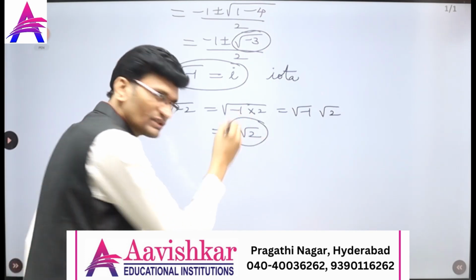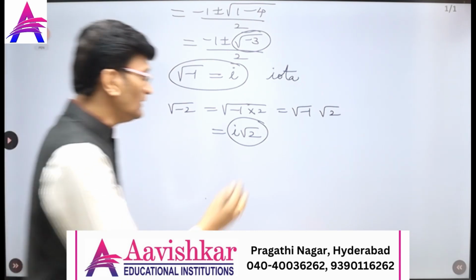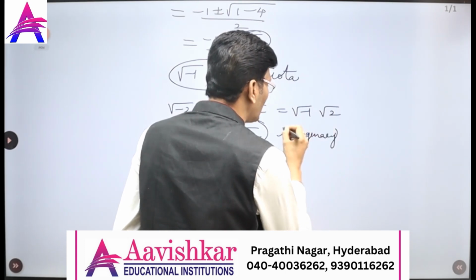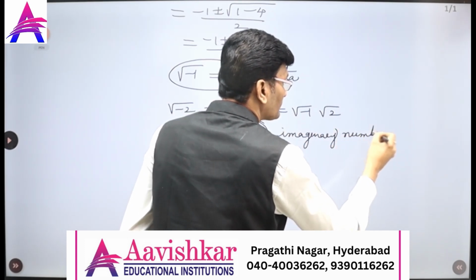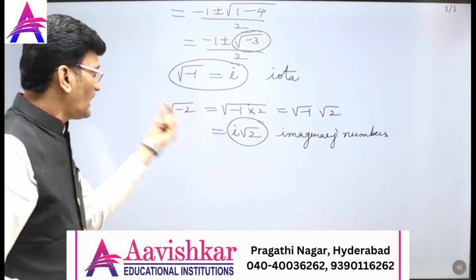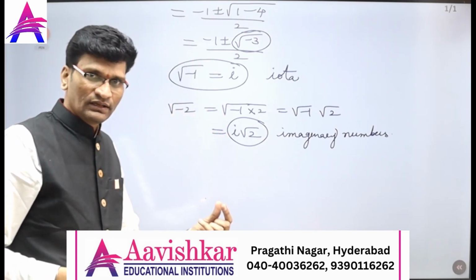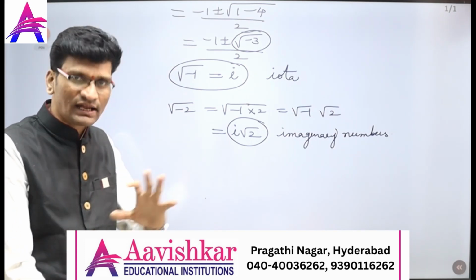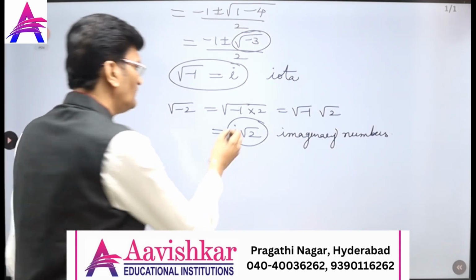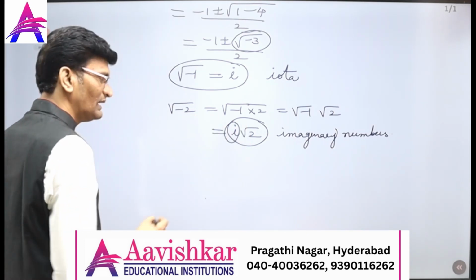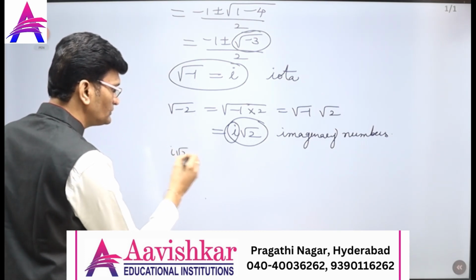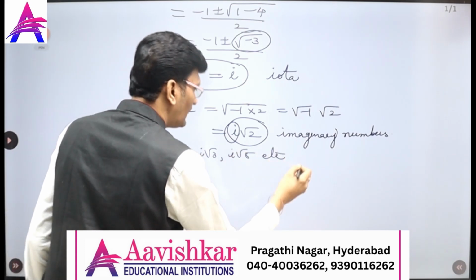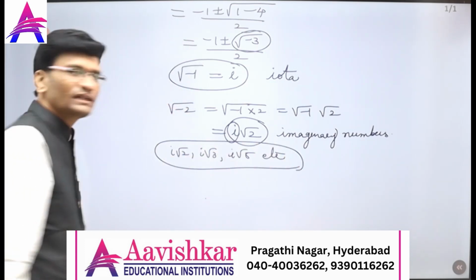The numbers which have i are called imaginary numbers. From the invention of i onwards, we have one more set of numbers, and they are named imaginary numbers. Imaginary numbers always contain the number i. Therefore, we write i root 2, i root 3, i root 5, etc. They are known as imaginary numbers.